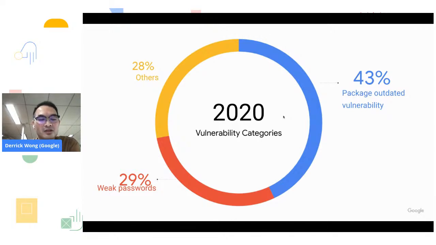Yeah, I think I saw something previously, according to a survey. Actually, quite a lot of password is just based on very, very weak password, like the actual word password, or 1 2 3 4 5 6 7 8, something like that. Yeah, it's hard to imagine, right? So most of the vulnerability is coming from outdated package and weak passwords.